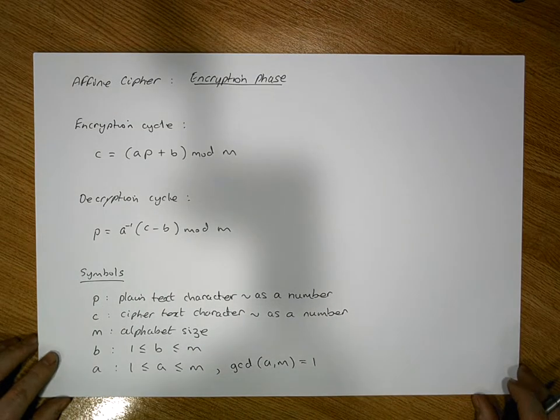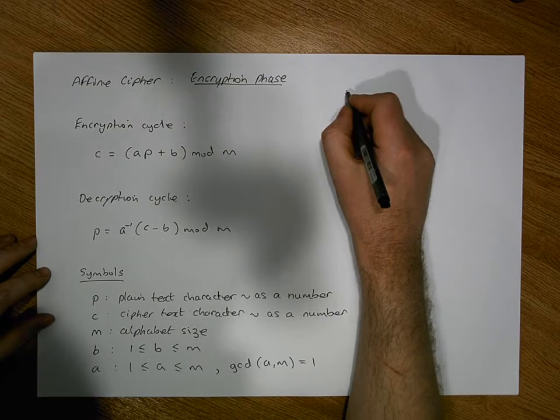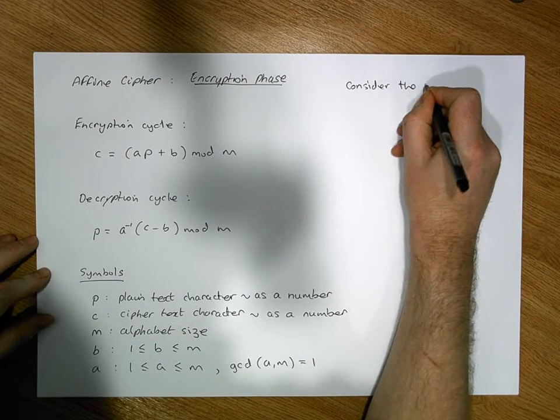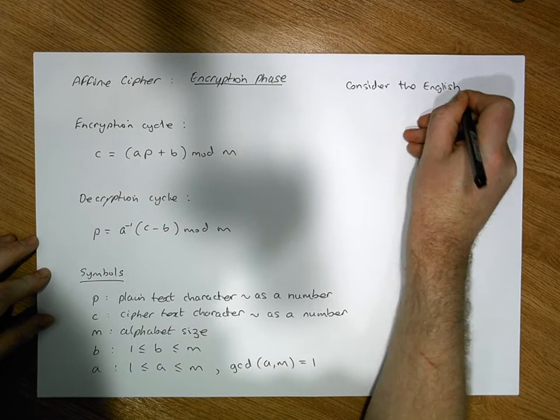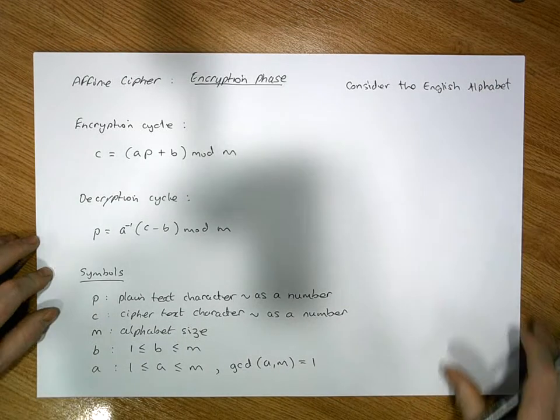So maybe what we'll do is take a piece of plain text and encrypt it. Let's consider the English alphabet, and let's make everything lowercase.